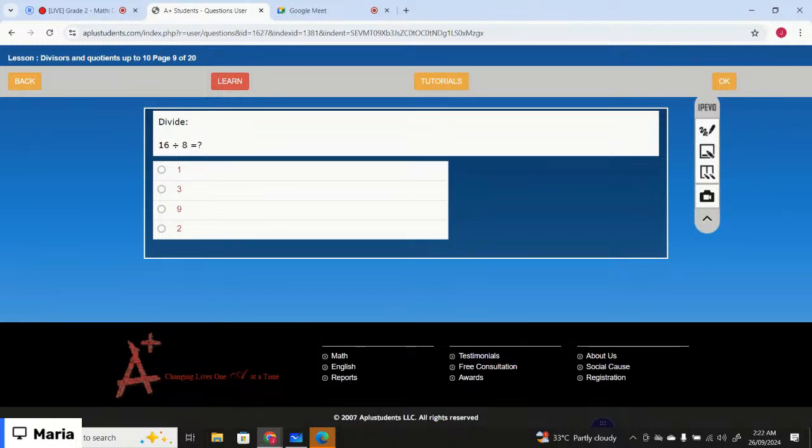The next one is 16 divided by 8, which is the correct option? 8 times 2 is 16.